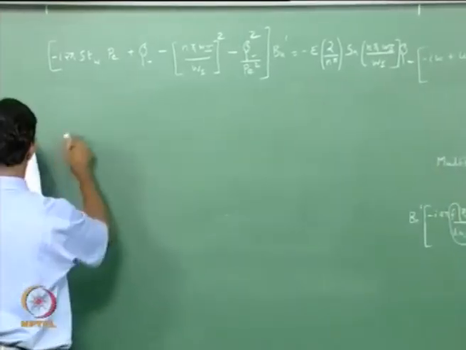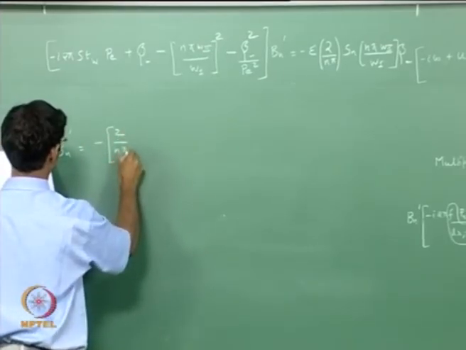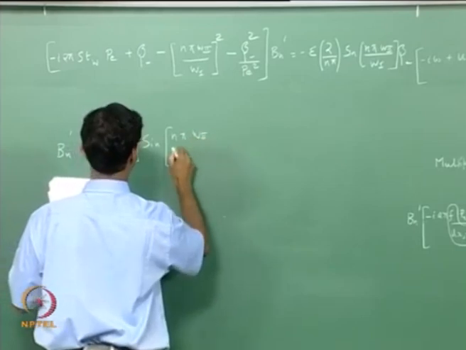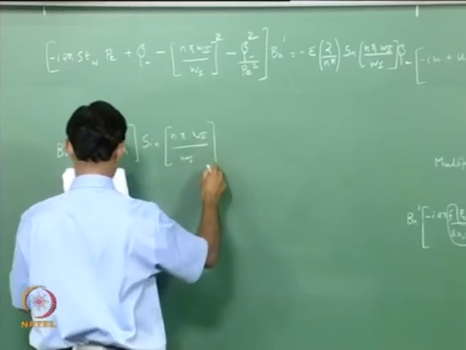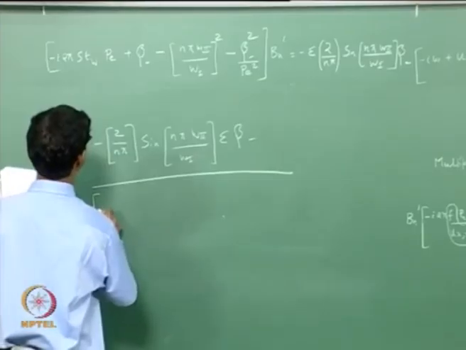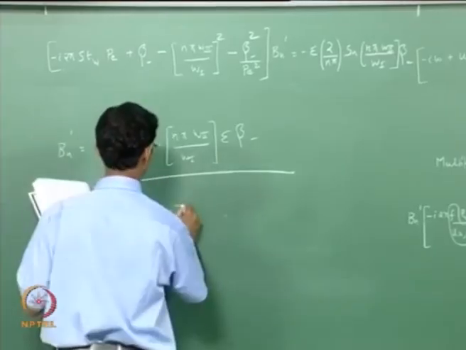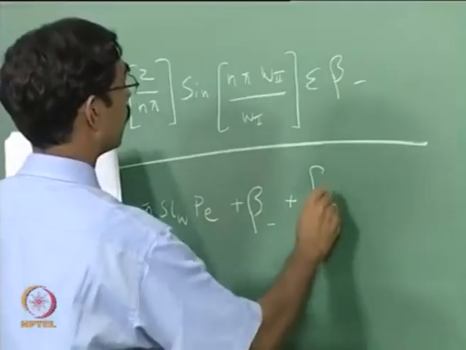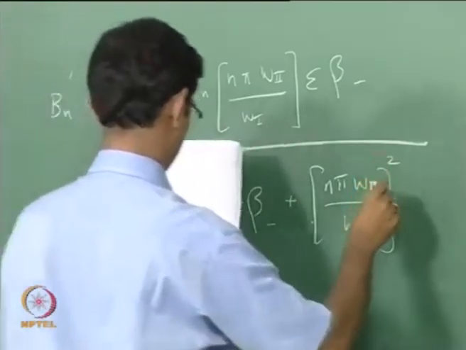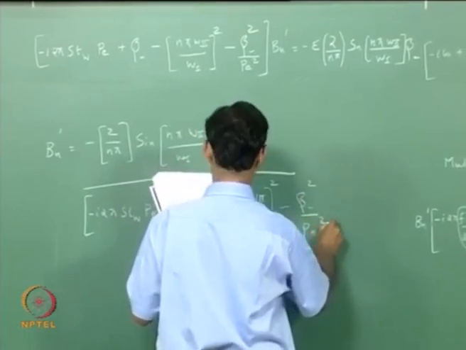So we can just cross multiply and get Bn prime equal to minus 2 over n pi sine n pi W2 over W1 into epsilon beta minus whole, divided by minus I 2 pi S T W Pe plus beta minus plus pi W2 W1 square minus beta minus squared divided by Pe squared.